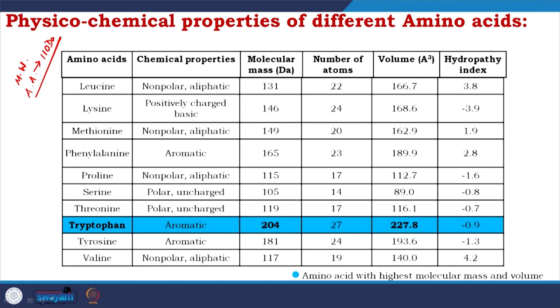Hydropathy index is an important measure which gives you understanding which ones are more hydrophobic. Leucine 3.8, lysine minus 3.9, because lysine is charged, so negative hydropathy. Methionine 1.9, phenylalanine 2.8, proline minus 1.6, serine minus 0.8, threonine minus 0.7, tryptophan minus 0.9, tyrosine minus 1.3 and valine 4.2.